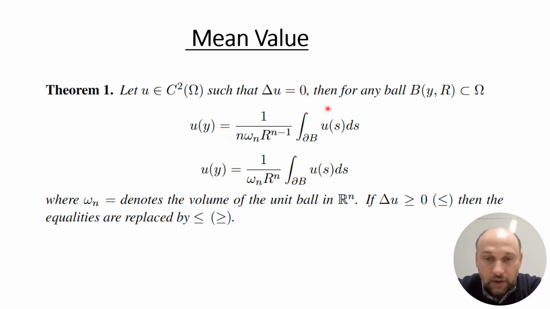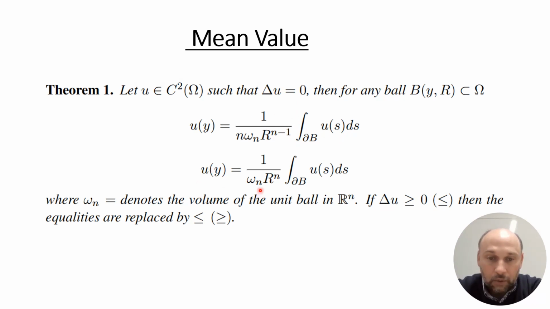It says that when a function satisfies Laplacian of u equals 0, which is also called a harmonic function, then if you choose a ball which is strictly included in omega, you can express u at the center of the ball as an integral over the border of the ball.